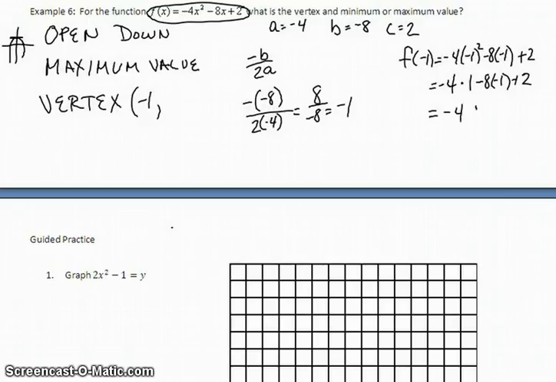Negative 4 plus 8 plus 2. I have a value of 6. So that is my y-coordinate of my vertex and also my maximum value. My maximum value is 6, my vertex is negative 1, 6, and my graph opens down because a is negative.